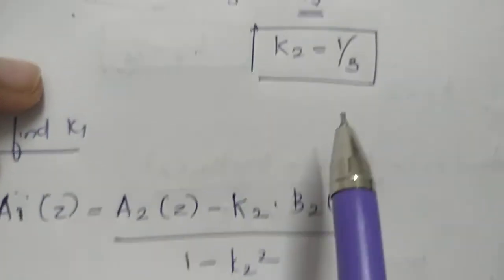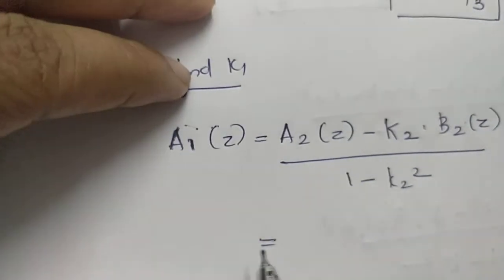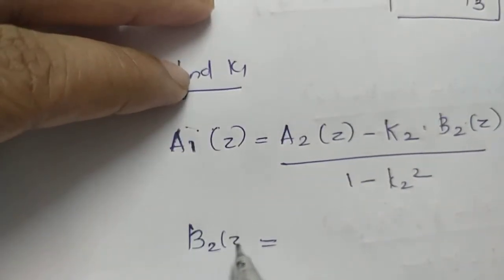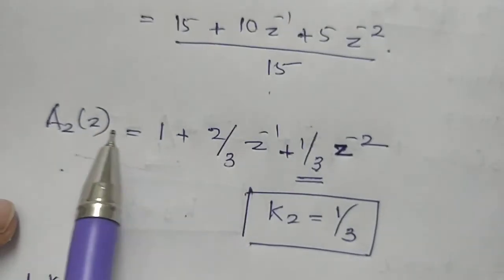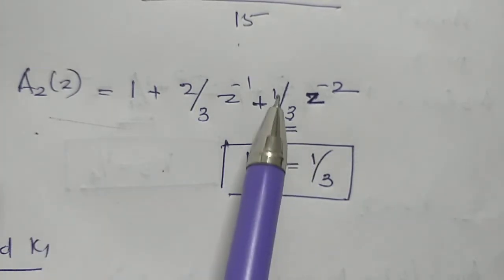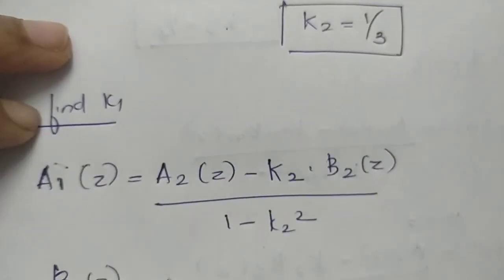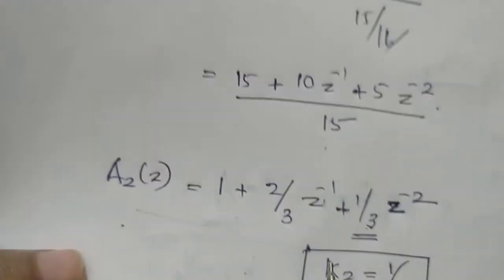Then K2 value we know, that is 1/3. Then we don't know what B2 of z is, so we need to first find the value of B2 of z. For finding B2 of z, we write the A2 of z in the reverse direction. Reverse direction means the first term is 1/3. Write it 1/3 plus, what is the second term?